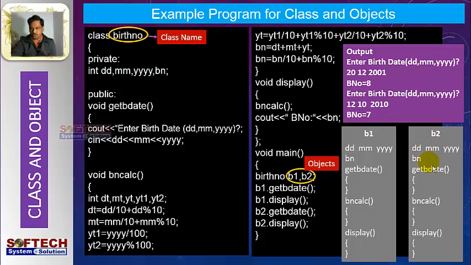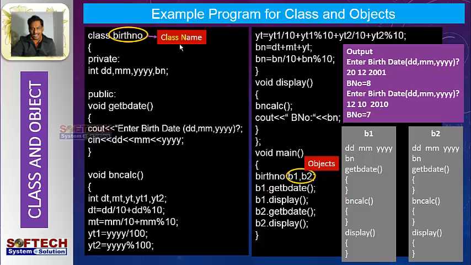So B2 also consists of 4 data members and 3 member functions. So in the first line, B1 and B2 are objects, and each object takes a copy of all members of the birth number class. B1 dot getDate: through this object we can call the getDate function, because getDate, Pn calc, display are all under the public access modifier. We can access these members outside of the class.